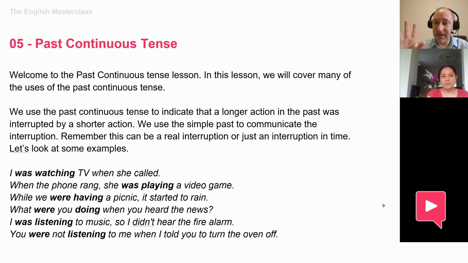So you'll notice how we use the past continuous only if there's sort of two actions taking place, or maybe even more than one. So this is very useful for talking about more than one thing happening at the same time. And now remember, it could be a real interruption that stops you from doing something, or just a period of time that's sort of a time marker. So let's see how it works.